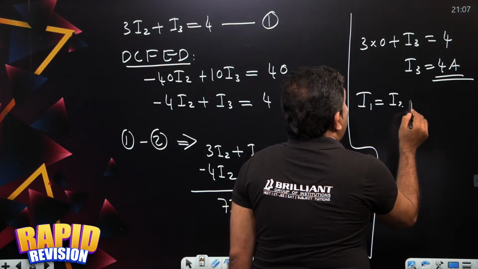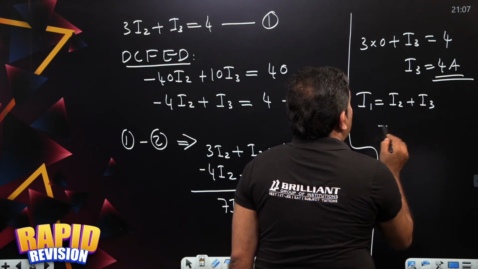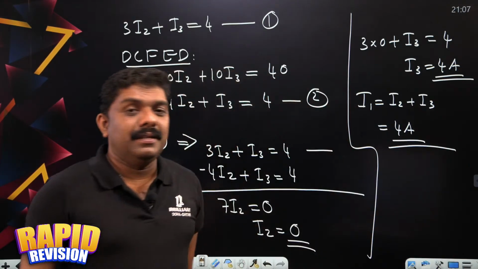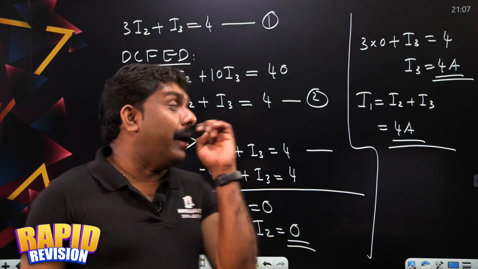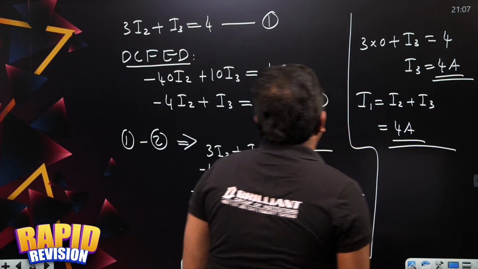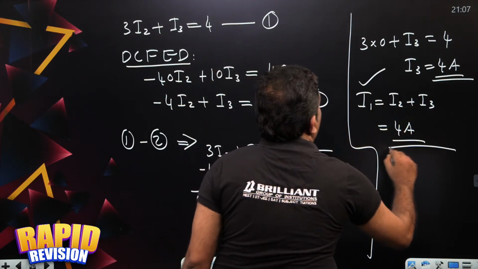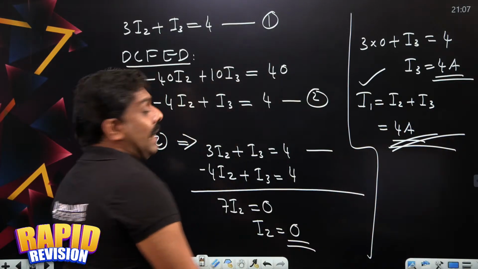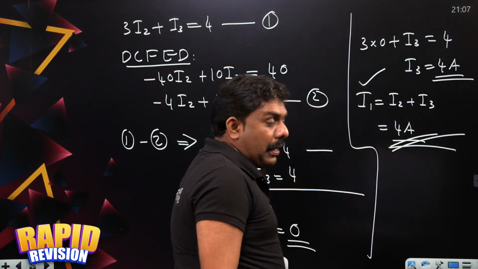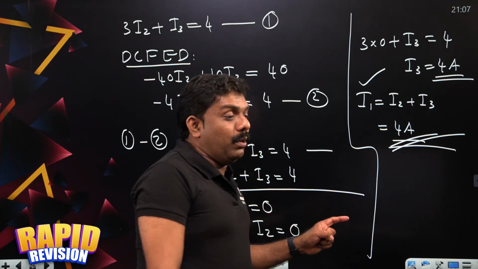I1 is I2 plus I3, so that is also equal to 4 ampere. So the very important point, Kirchhoff law related questions are there for examinations. So I1 is equal to 4 ampere is the answer that we are getting here, and I3 is equal to 4 ampere and I2 is equal to 0.